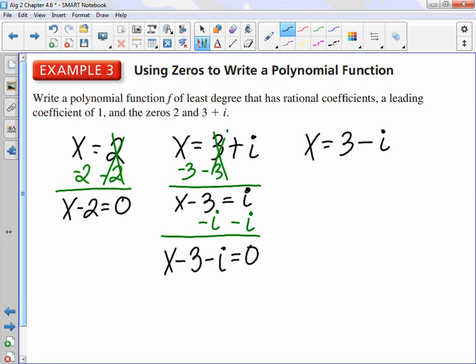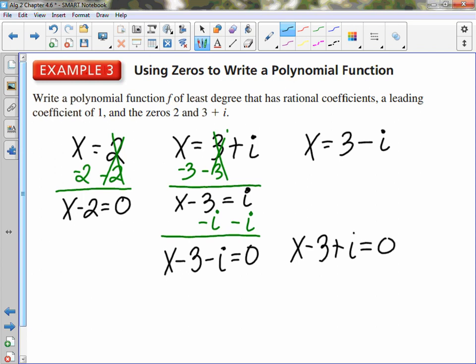Now this last one here, anybody have a guess at what this is going to be? X minus 3 plus i equals 0. Because what did we say about the conjugates? We're just changing the sign in front of i, yes? So it works the same for this here because i is negative here. So i over here has to be positive. We're just changing the sign.